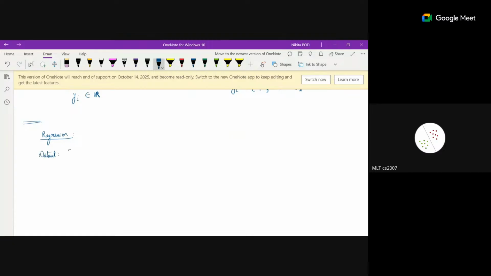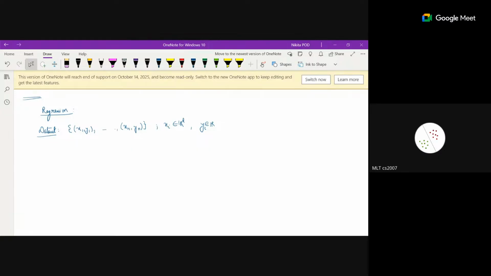As I mentioned, this is my data set: x1, y1, x2, y2, and so on to xn, yn, where my xi's are in R^d and yi's belong to R. This is the structure, and we also call this our training data. If we are given a set of examples and want to learn a model from there, we say we are training on our data and learning this model.